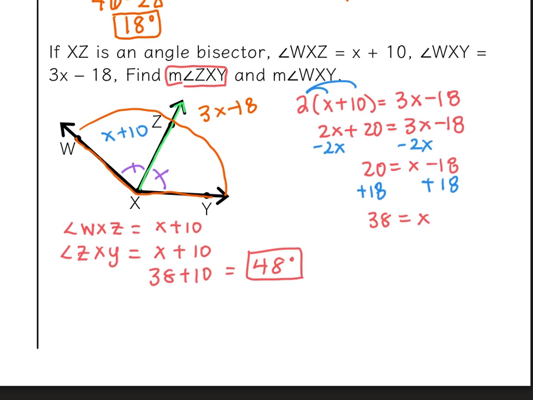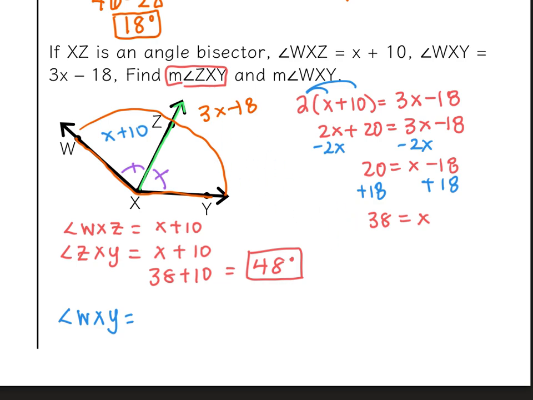And now let's find angle WXY. So just like the previous problem, we know that this angle equals 48, right? This angle also equals 48. So the whole thing has to equal 48 plus 48. You can also just plug in 38 for x here, but you will see both ways.